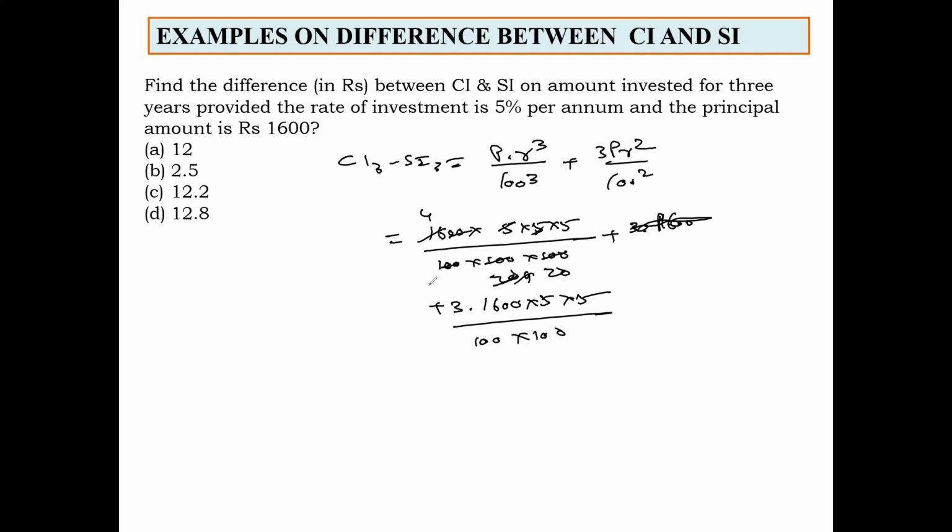I have made some mistake. Let me redo this. 5 20s are 100. 5 4s are 20. From here we'll get zeros cancel.